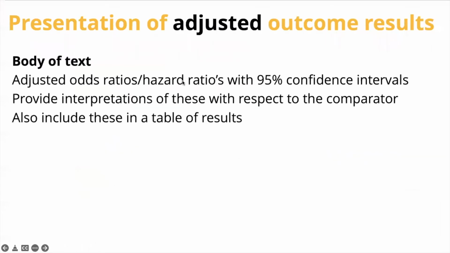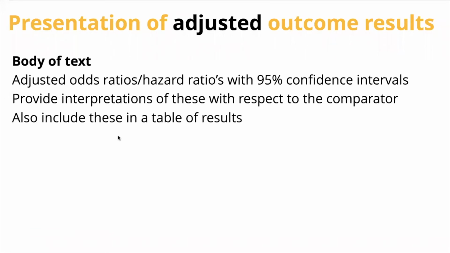So I just went over that quickly, that in the body of the text, you want to present the adjusted odds ratio or hazard ratio with 95% confidence intervals based on the output you get from running either your logistic regression model or Cox proportional hazards model. You also want to provide interpretations of these estimates with respect to the comparator.